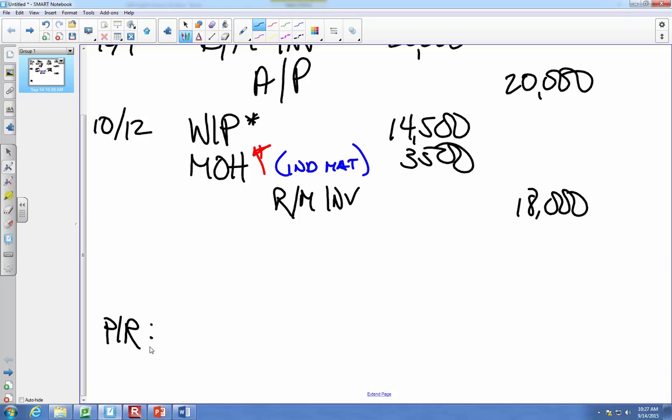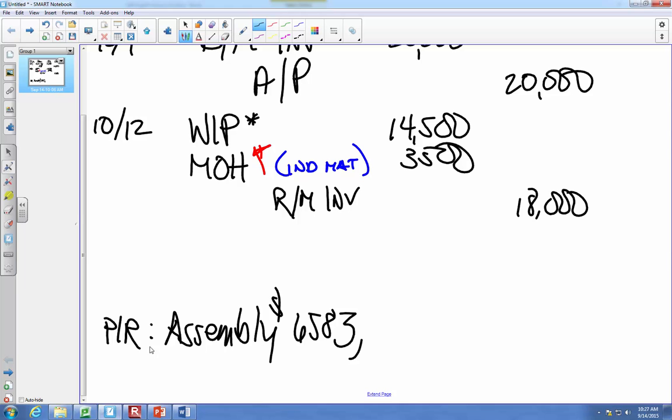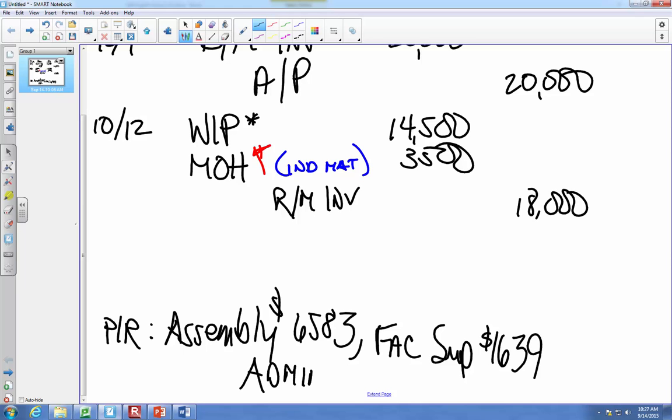For my payroll, my assembly is $65.83, my factory supervisor is $16.39, and my admin staff is $8,000.